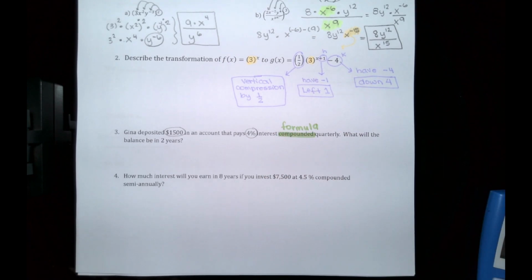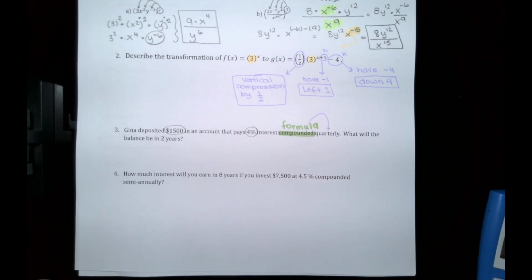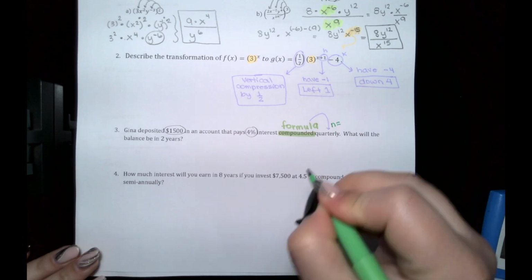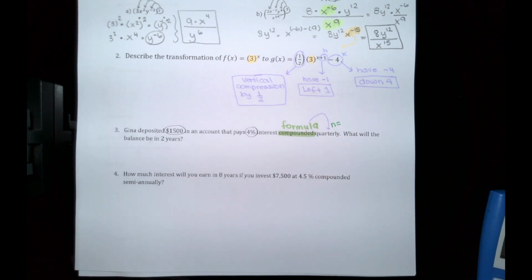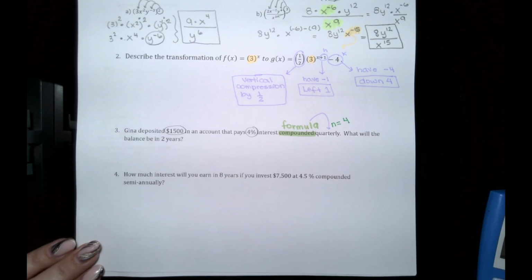The formula is the compounding formula, which requires an n value. This n value always follows the word compounding. Since we know we're going to be using the compounding formula, n tells you how frequently we are calculating in 1 year. Quarterly, a quarter is 4.